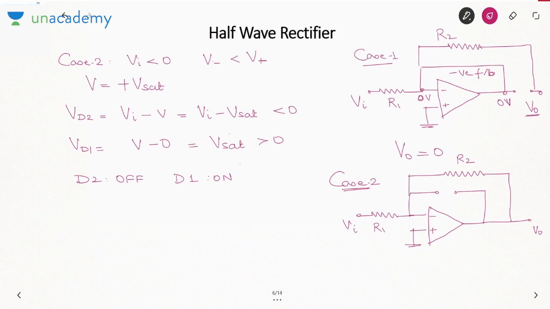Now you can easily see that this is an inverting amplifier. This is the feedback path. If it is an inverting amplifier, V0 is minus R2 by R1 times Vi. Since Vi is negative and it is being multiplied with a minus sign, V0 will be positive. So when Vi is greater than 0, V0 is 0. When Vi is less than 0, V0 is positive.